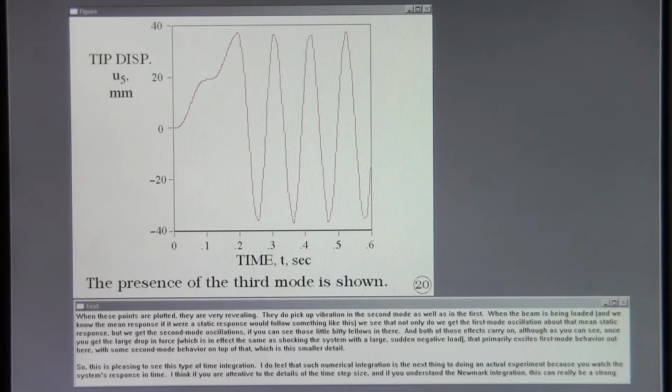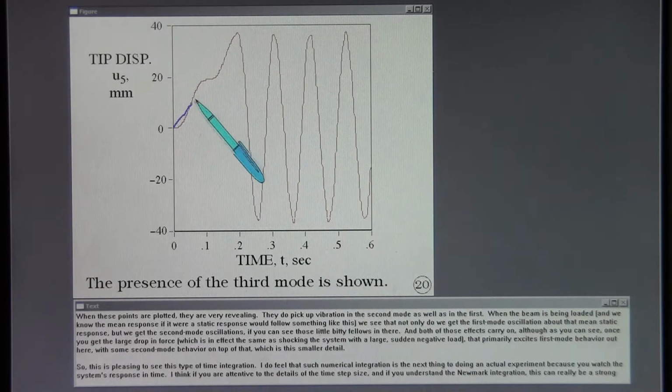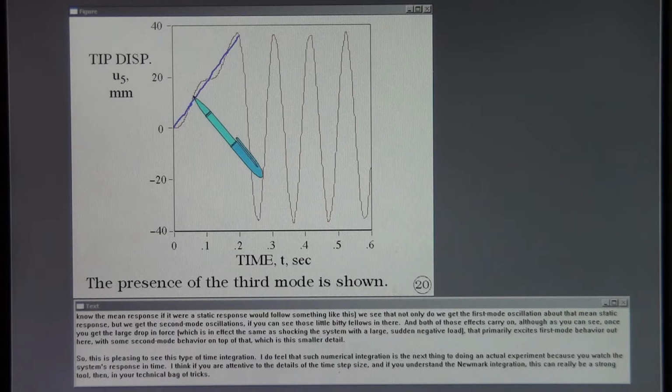When the beam is being loaded, and we know the mean response, if it were a static response, would follow something like this, we see that not only do we get the first mode oscillation about that mean static response, but we get the second mode oscillations, if you can see those little bitty fellas in there.